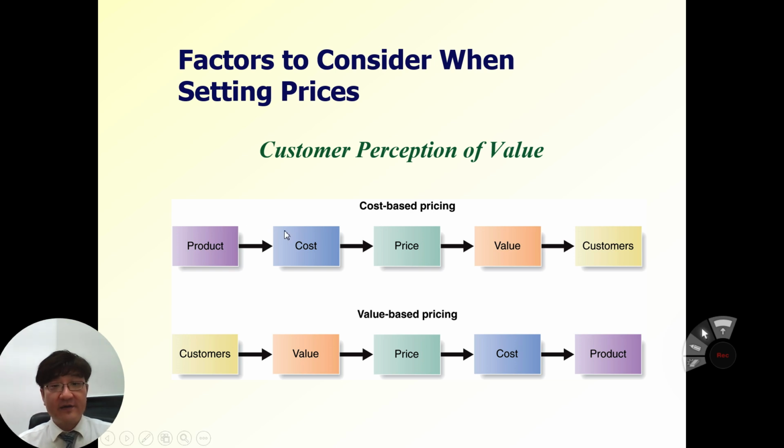On top of the cost, we add markup or margin on sales. It leads to the price. Then the customers see the price and decide their value. If they decide it has enough value, the customer purchases the product.